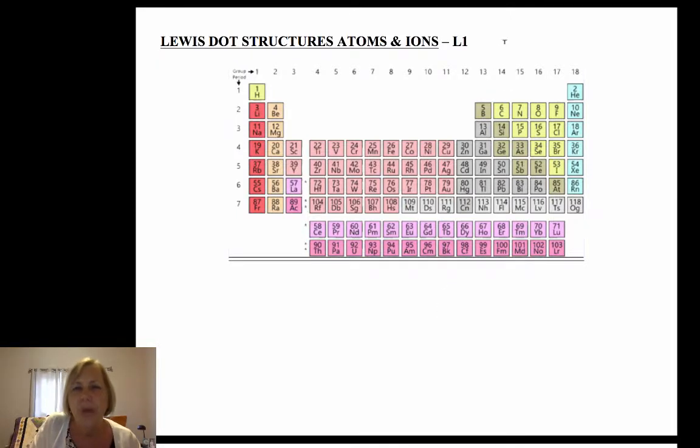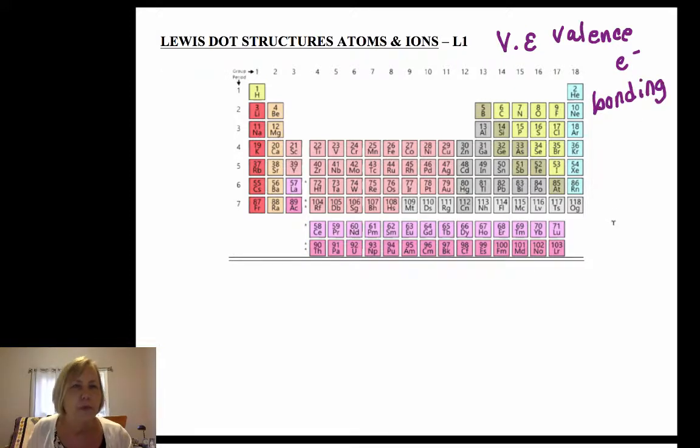When we get into bonding, we're really only interested in our valence electrons. Those are the ones that are involved in bonding. So this is a model that will bridge the structure of the atom to the structure of ionic compounds and covalent molecules. That's my intent here.